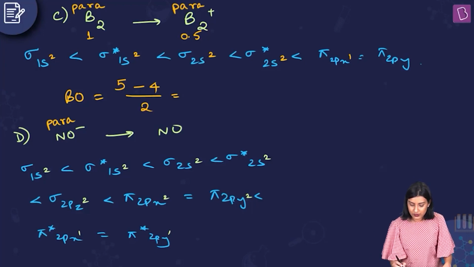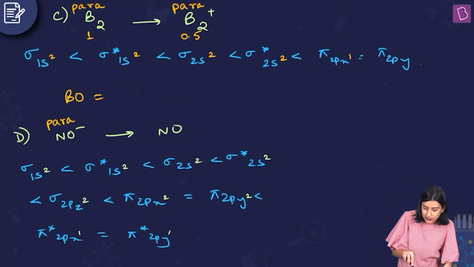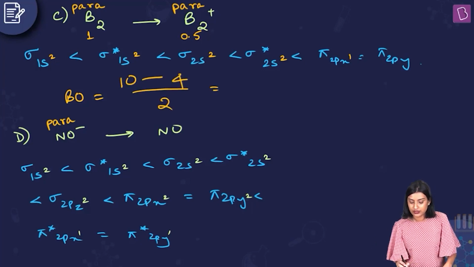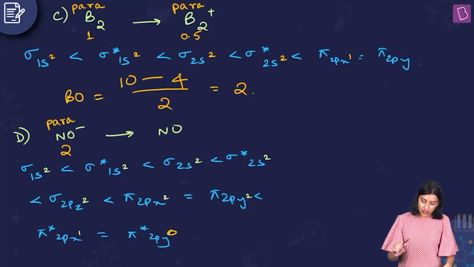Then we have to find out the bond order. The number of electrons in the bonding molecular orbitals is 10, minus the number of electrons in the anti-bonding molecular orbitals, 4, divided by 2. This is nothing but 2. So here your bond order is going to be 2. Similarly for NO, the anti-bonding electrons become 3, and it is still paramagnetic.